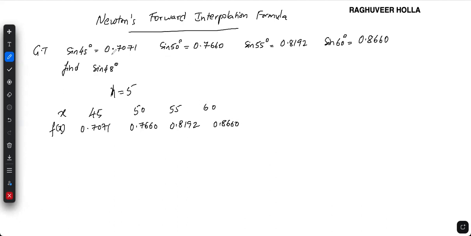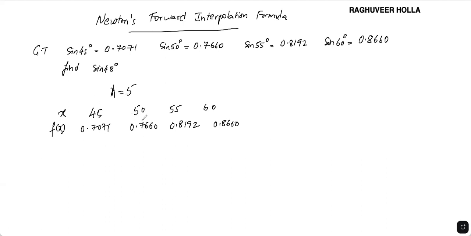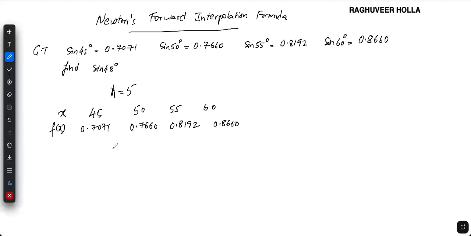So 48 is in between this, right? Between 45 and 50. So we use Newton's forward interpolation formula. The formula corresponding to that is, please write down.